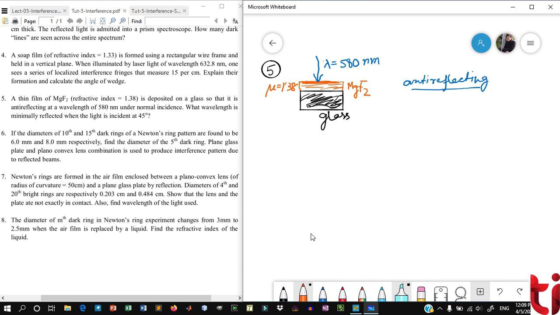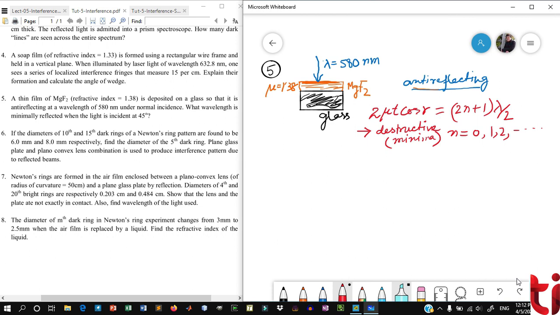So for a material to become anti-reflecting, the interference of the reflected light from the thin film of magnesium fluoride must interfere destructively. The condition for destructive interference is given here, where n is the order of the interference. This is for destructive interference.